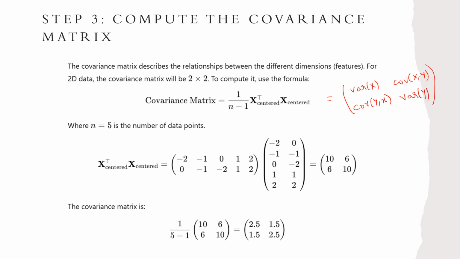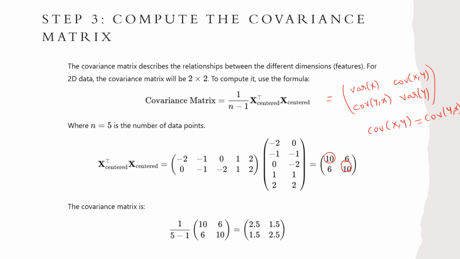And this is a square matrix. Covariance of xy is equal to covariance of yx. As you see, this is 10 and this one is also 10. Variance, by chance, we are getting the same, but it's not mandatory that you'll get the same variance.